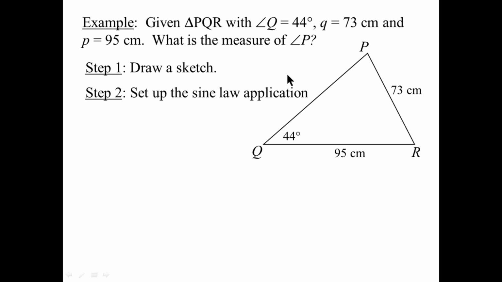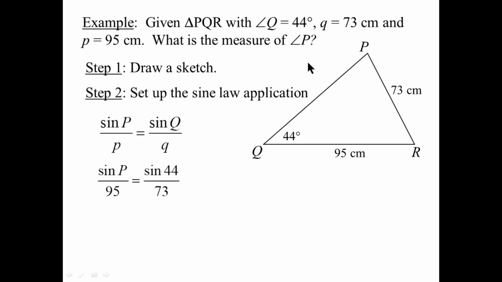Step 2, set up a sine law application. So if we seek angle P, we'll start with angle P in our sine law application by going sine P over p equals sine Q over q, and plug in the numbers.